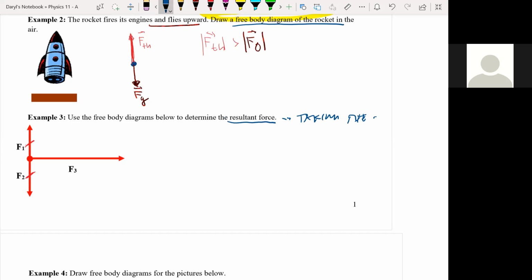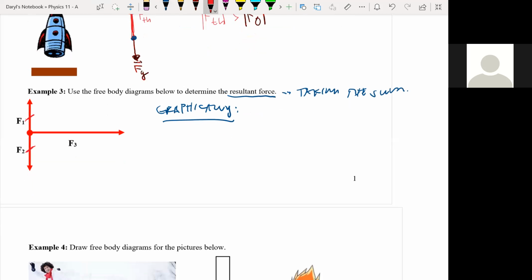And graphically, what you're going to do is, how would you add F1 plus F2 plus F3? I'm taking note that F1 and F2 have the same magnitude. And F3 is this one here.